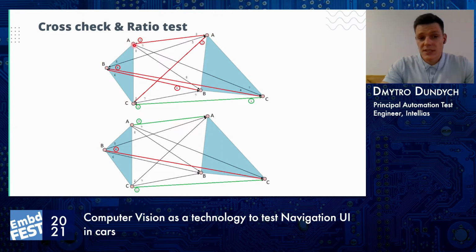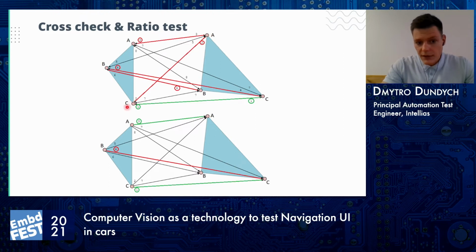For example, this is point A, and it has difference 3, 7, and 8 for each point of the second image. Okay, the smallest value is 3. Okay, go there. But for this point, the smaller value is 2.